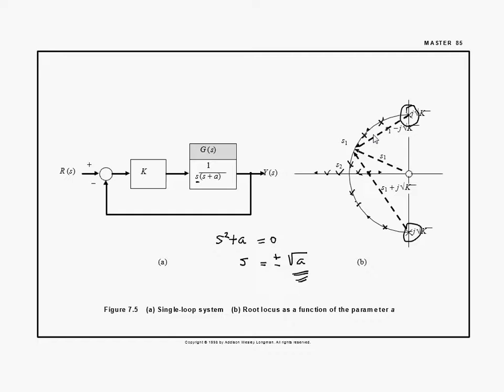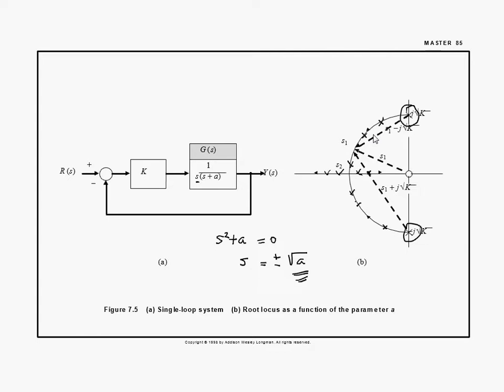I am the proponent of seeing things in the practical way, not just the theoretical way, because right now I am to the point where if what I said is true, we should just put this transfer function in MATLAB and ask for the root locus, right? And I think we should do that.